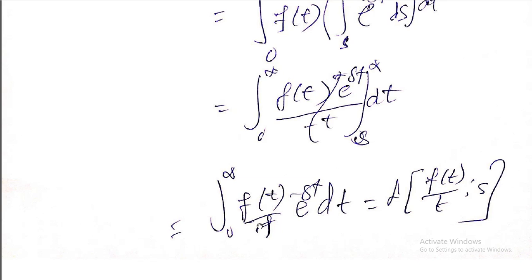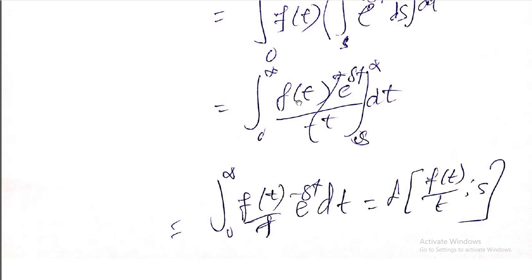So we can write f of t divided by t, e to the power minus st. When we apply the limits, the upper limit becomes e to the power minus infinity, which is equal to 0, minus the lower limit, e to the power minus st. Upper limit minus lower limit, so minus into minus will become plus.